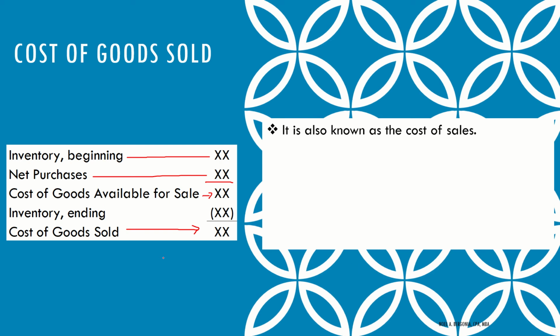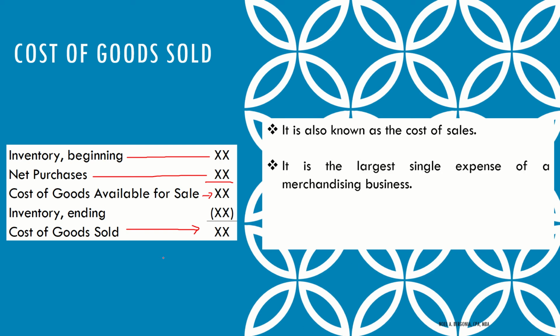Actually, cost of goods sold, also known as cost of sales, is the largest expense in a merchandising business. Diba? As mentioned to you a while ago, it is because the products of our merchandising business being sold is represented here in the cost of goods sold. So this cost of goods sold account is representing the costs of the merchandise being sold to customers.